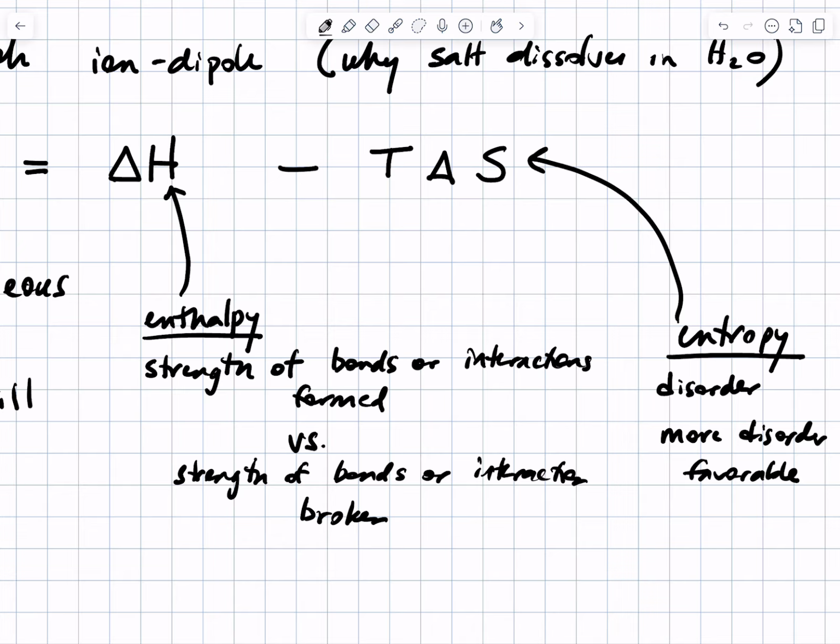And so as we consider a process and whether it will happen, we need to consider two things. Are the interactions you formed stronger than the interactions you broke? And second, does disorder increase?